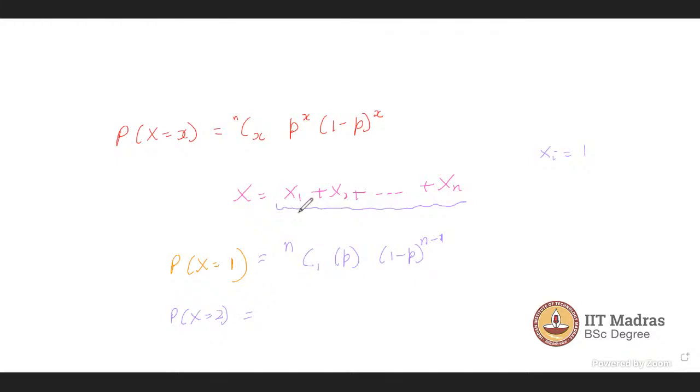So I can get 2 successes at any of these n positions. Let's first choose 2 positions on which I have to get success, which can be done in nC2 ways. Now getting success at those 2 places would be p squared, and getting failure at remaining n minus 2. And so on, it can be generalized like this.